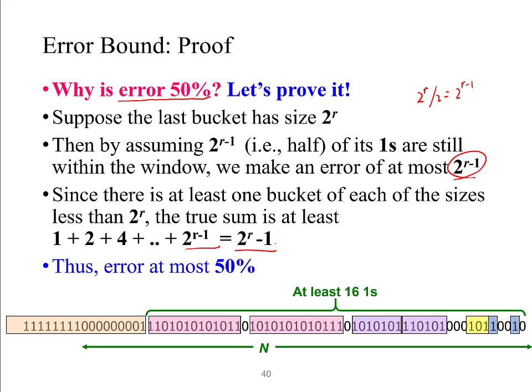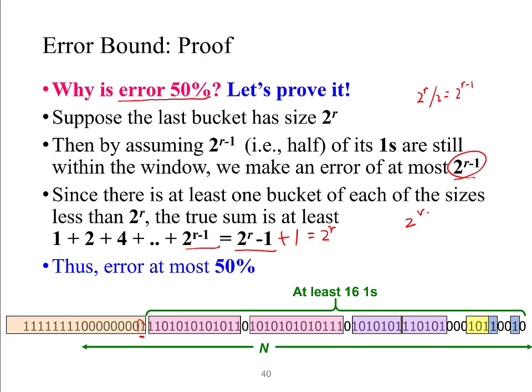So this is the smallest possible number of ones of the true sum. Actually, we need to add 1 here because the rightmost bit of this last bucket must be 1, and since it is in the window, this should be 2 to the power of r. This is the minimal possible number of the true sum.